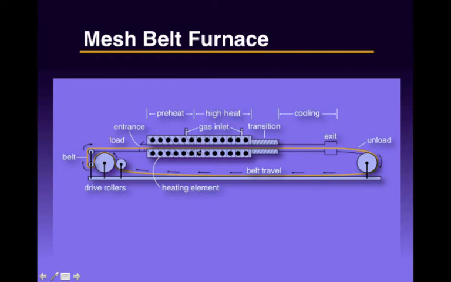Many of these belts typically are made of a high temperature steel, and so for at least ferrous parts, typically the parts made in press and sinter, there's an upper limit to how high these belt furnaces can go. It's typically about 1150 degrees C.